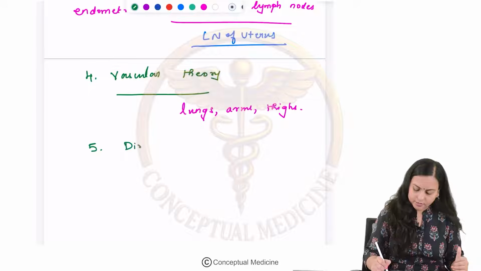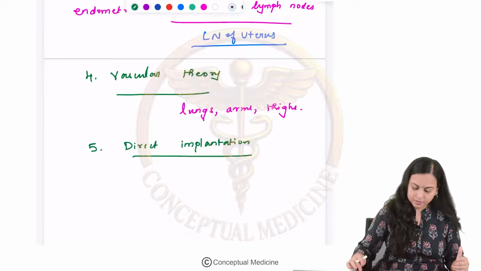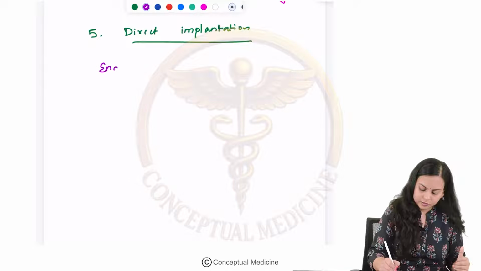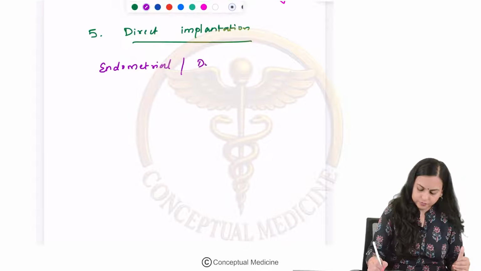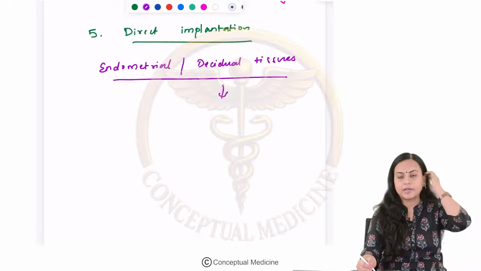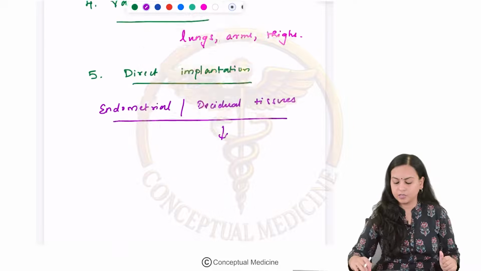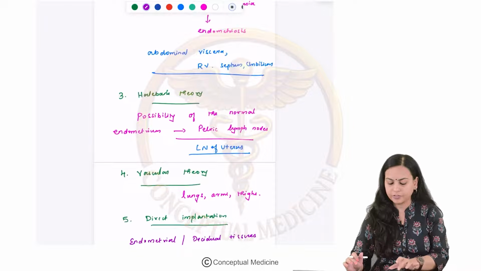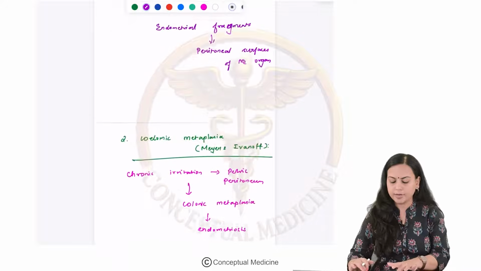Another final theory is the direct implantation theory. Here, it says that endometrial or decidual tissues start to grow in susceptible individuals when implanted at a new site. Okay. So, these are the 5 theories about endometriosis.